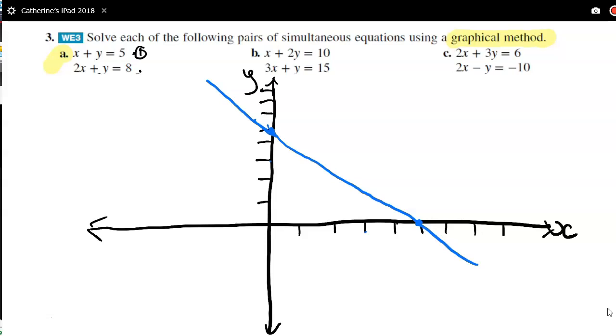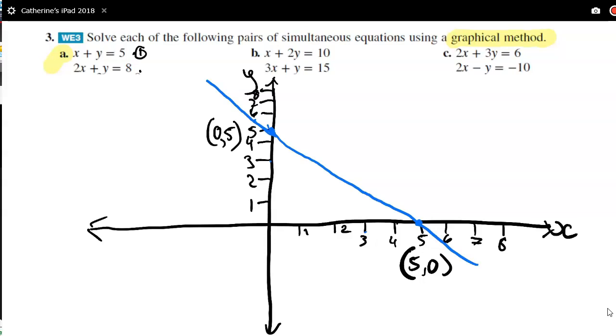Now, I can't just leave it like that. I have to label the intercepts. So that intercept is at 5, 0. This intercept is at 0, 5.